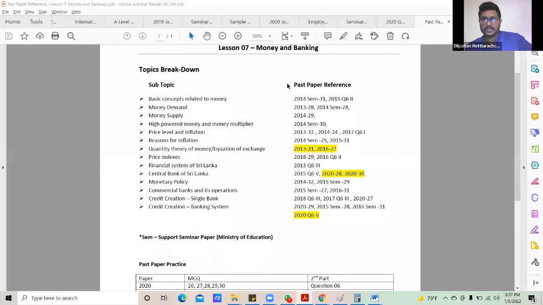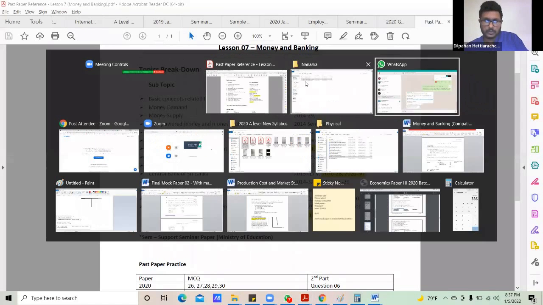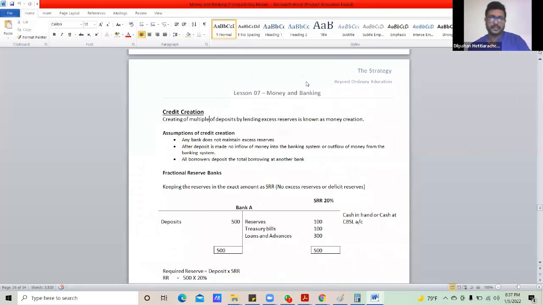So credit creation is what we are going to discuss first of all. So I would like to go to the definition of credit creation. So what is credit creation? This whole lesson consists of 3 components: money part, general price level and inflation part, and the last part is the financial system of Sri Lanka.